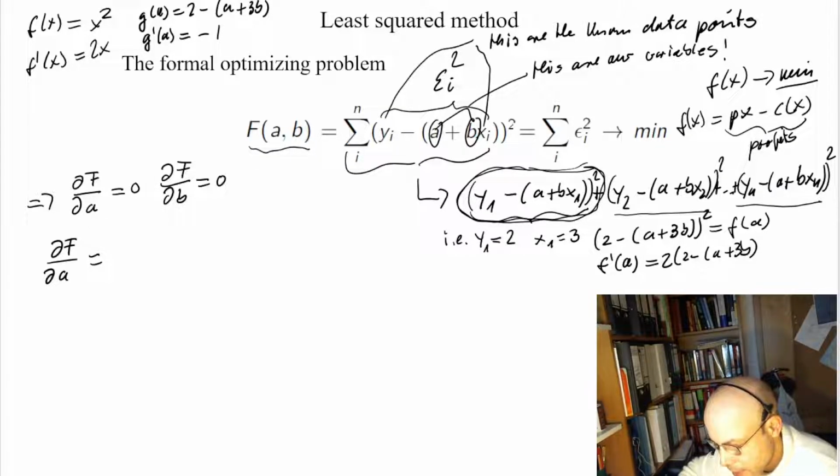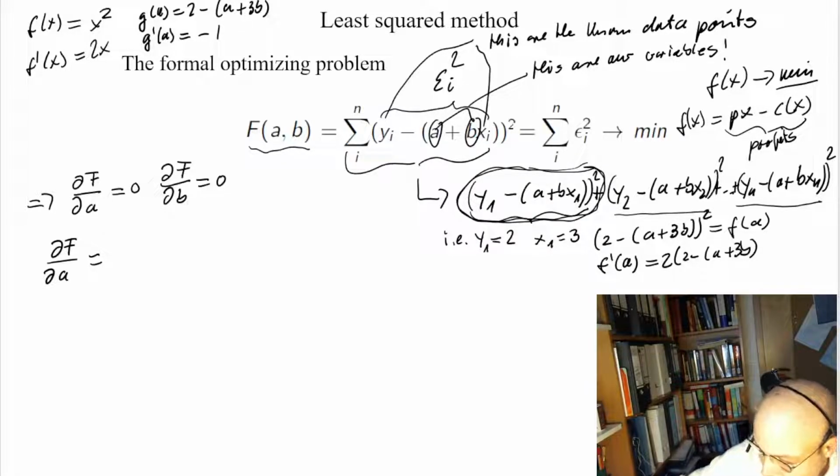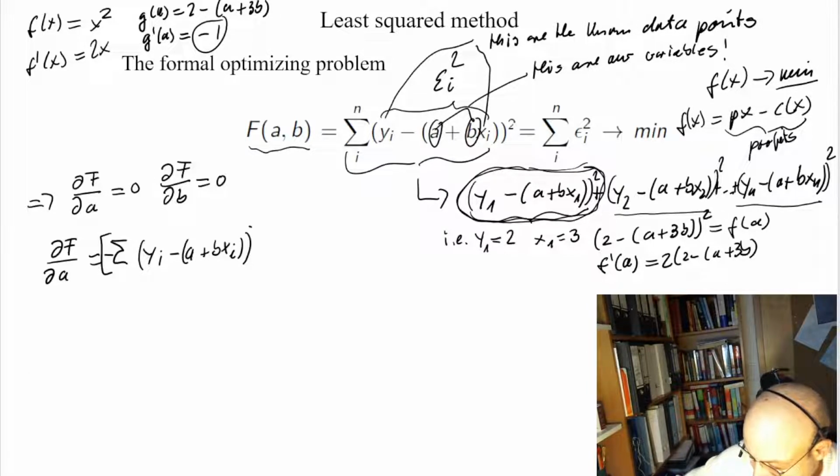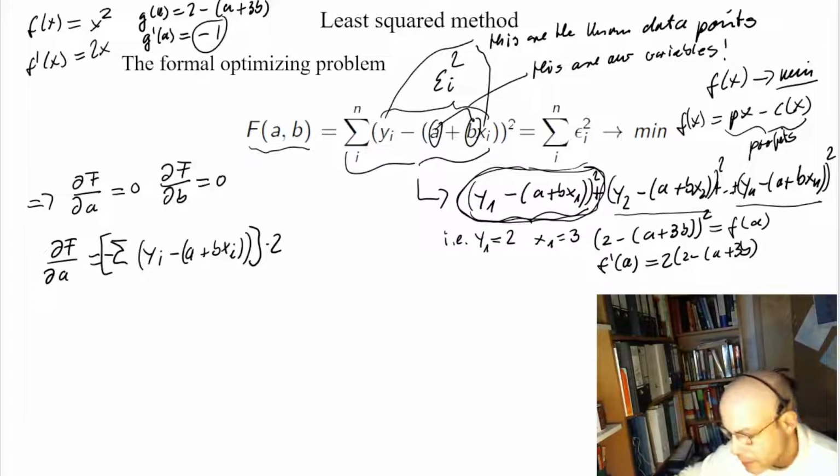So what we obtain then with the derivative with respect to a is the sum of yi minus (a plus b xi) in brackets, and a minus sign in front from the inner derivative, and all this times 2 from the outer derivative.